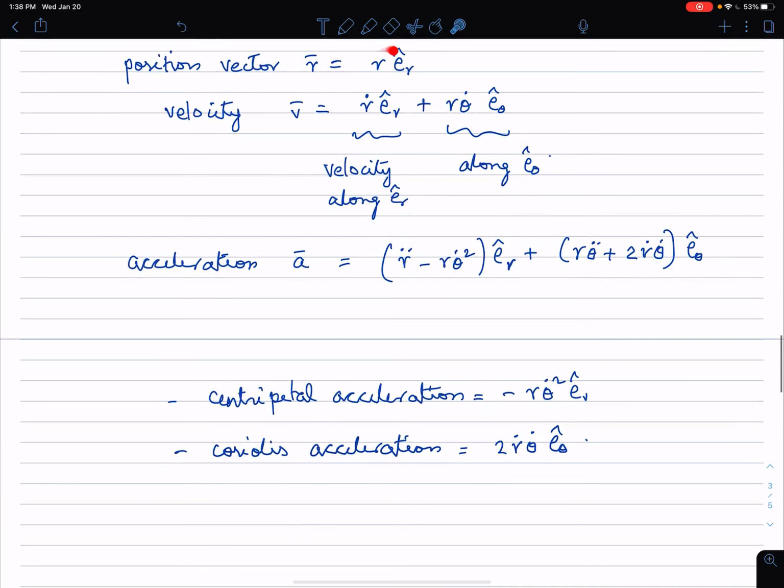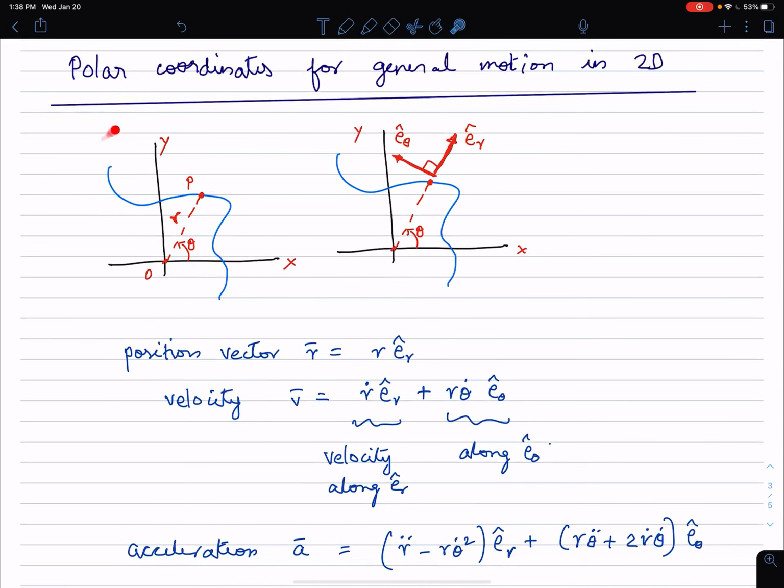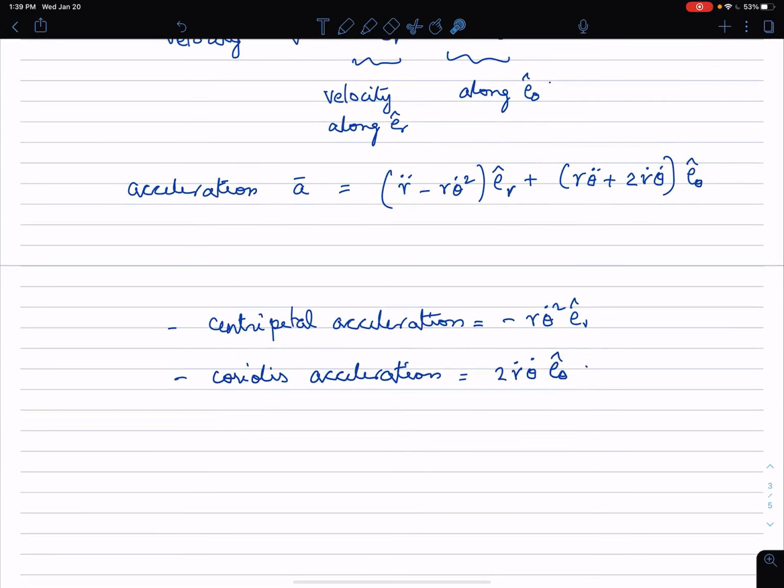Small r is not a constant. Potentially it can change. And you have r double dot and r dot and so on, which would be 0 if it was a constant. Because it need not be a constant as it's moving along in this complicated curve, you have those terms there.